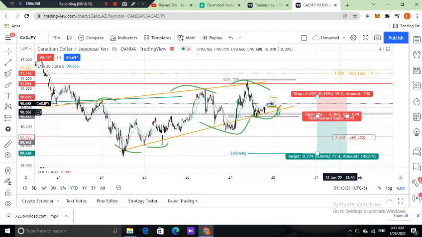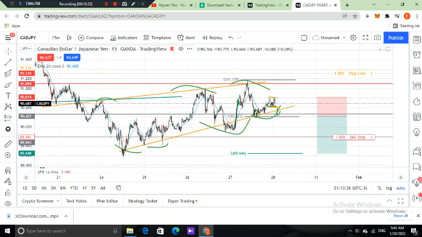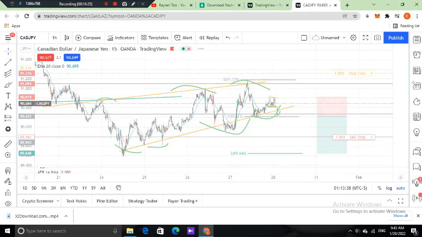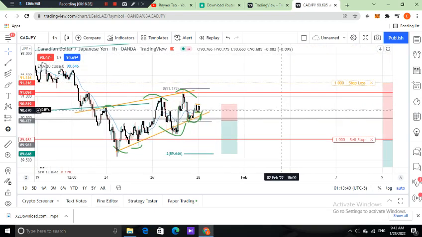In the first scenario, you can get 77 pips profit, which is a good one. It's good money, and you can have that.